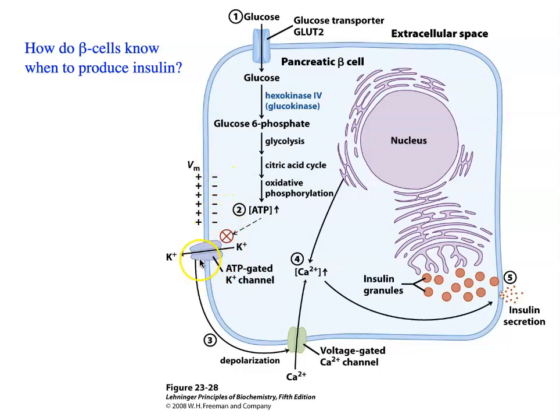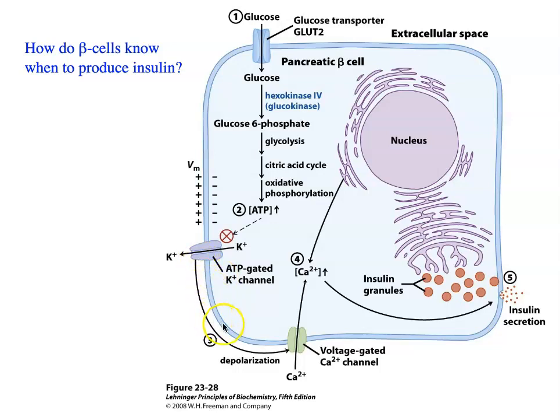But when that channel closes, the positive charge no longer exits the cell and starts accumulating on the inner part of the membrane, while the outside part of the membrane stays constant, but the positive charges increase on the inside. That causes a depolarization or changes in the membrane potential.